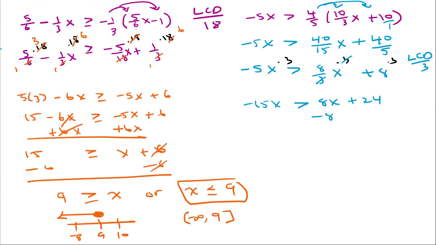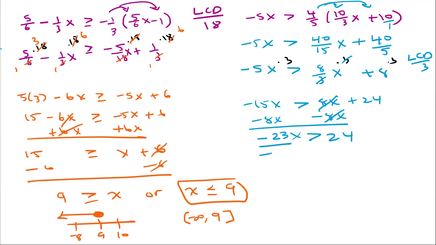Then we're going to subtract 8x on both sides. Actually, you know what? That's fine. So what's that give us? That's going to give us a negative 23x. And then the 8x here is going to cancel out, greater than 24.